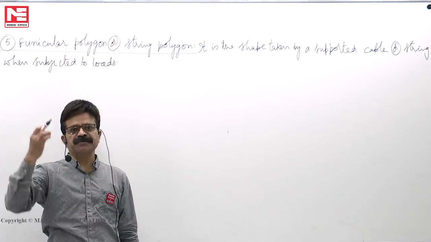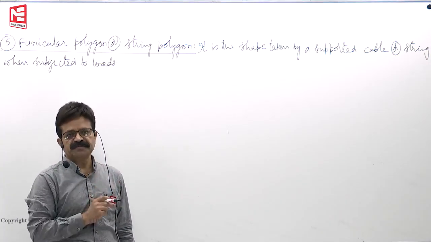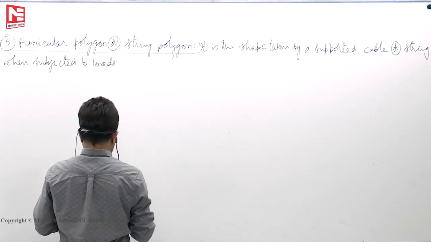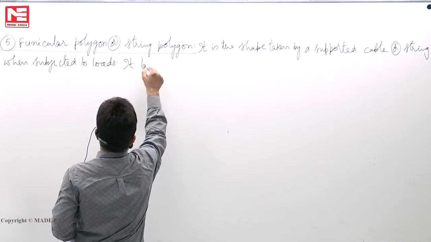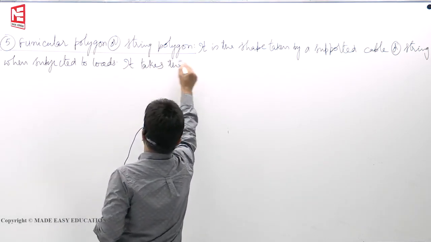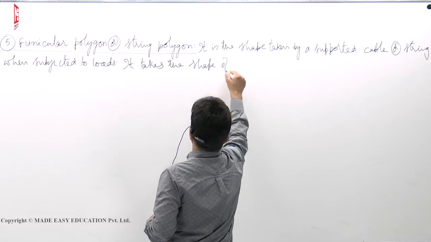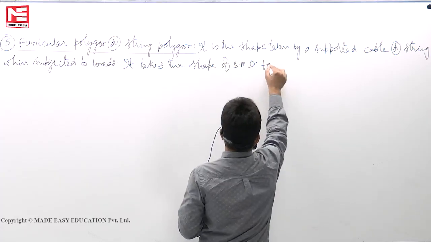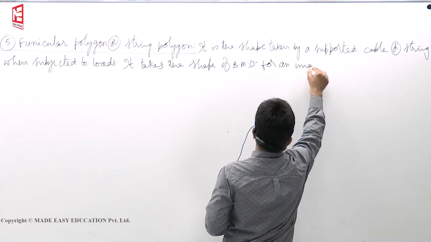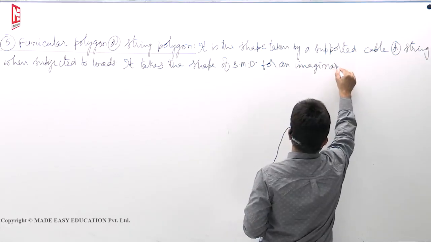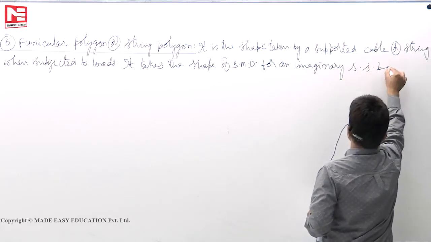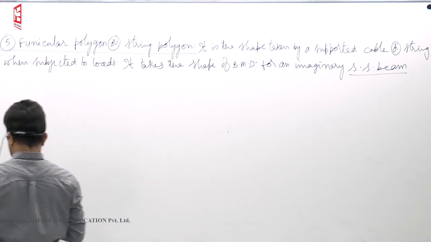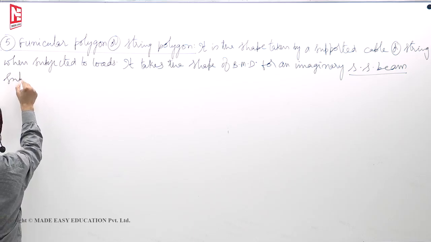It will take the shape of the bending moment diagram of an imaginary simply supported beam of the same length subjected to the same loads. Whatever bending moment diagram you get, the cable takes that shape. Imaginary SS beam means imaginary simply supported beam.